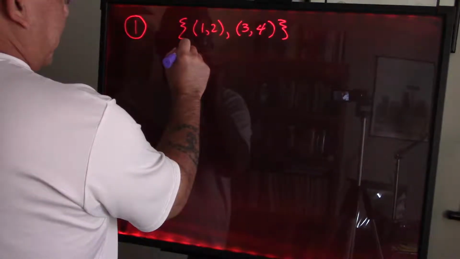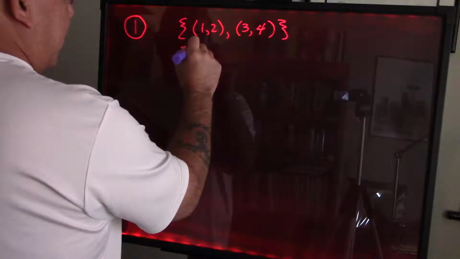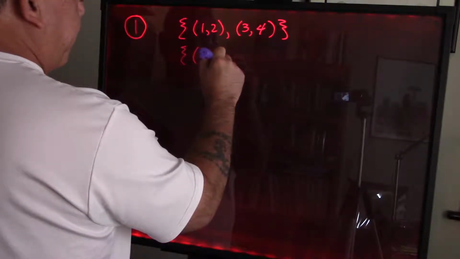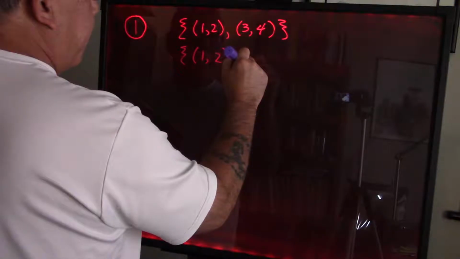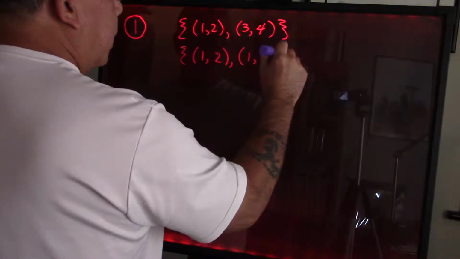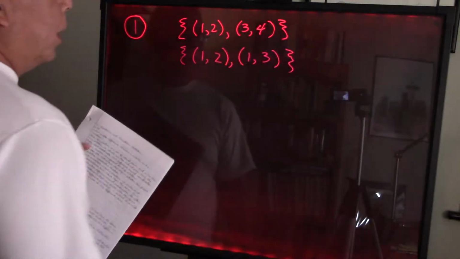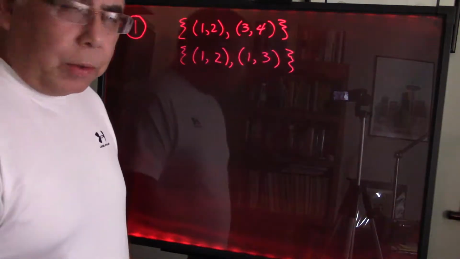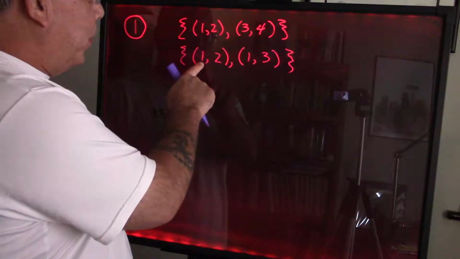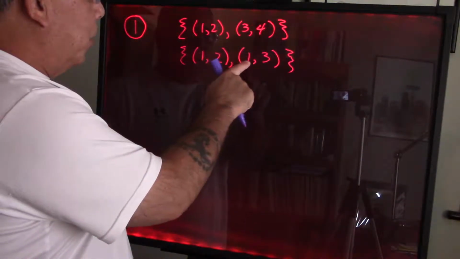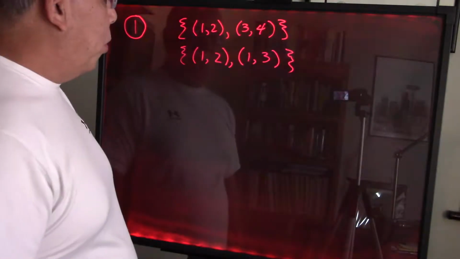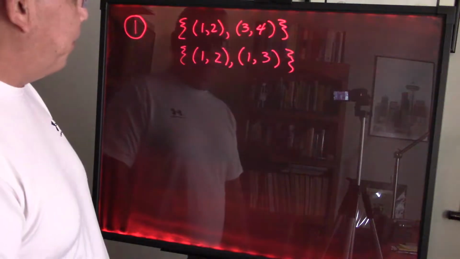In other words, here's one that's not a function. So as you can see, we have two ordered pairs with the same first element, number 1 here, but different second elements, or coordinates, 2 and 3.